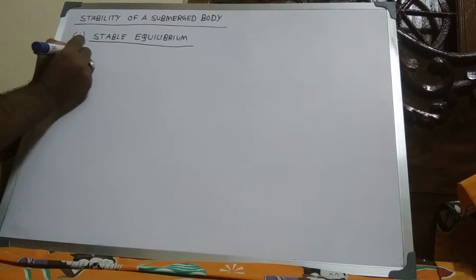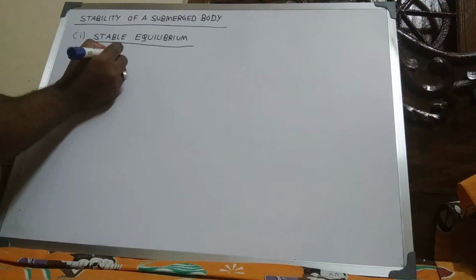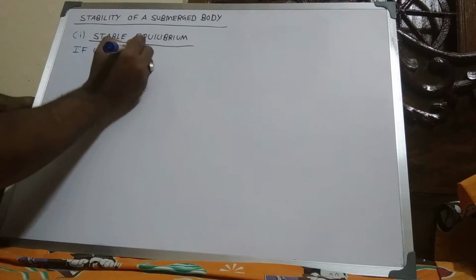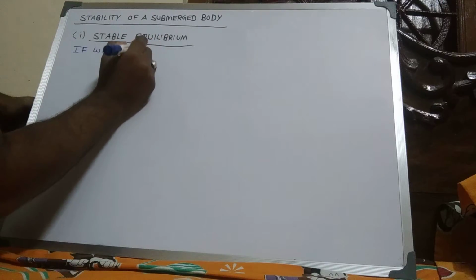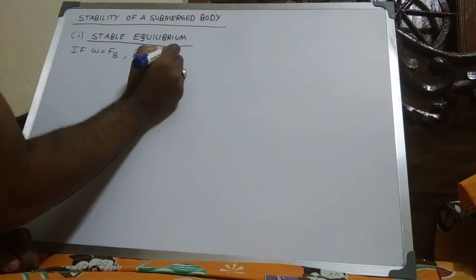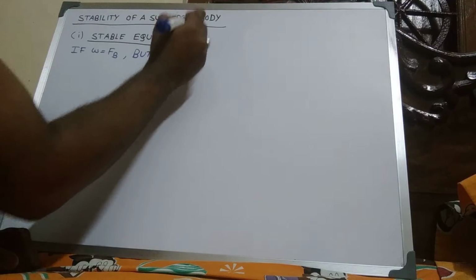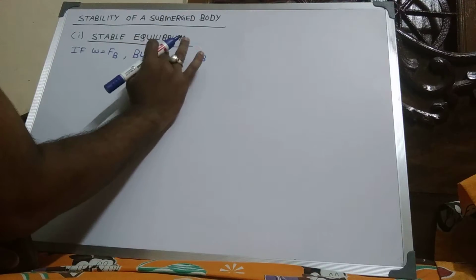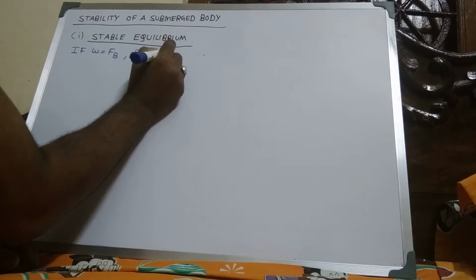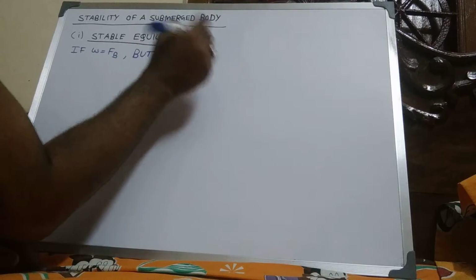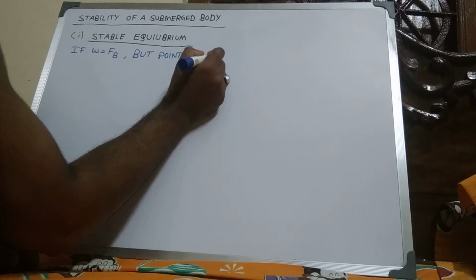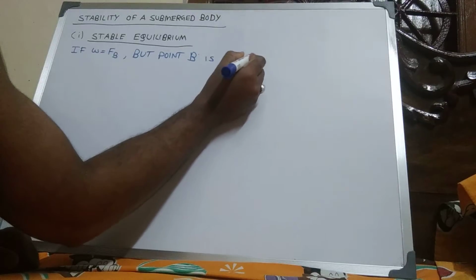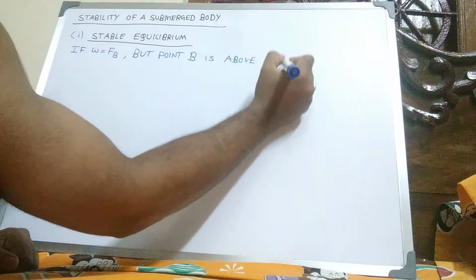Equilibrium means W equal to FB, but the center of buoyancy B is above G, the center of gravity.